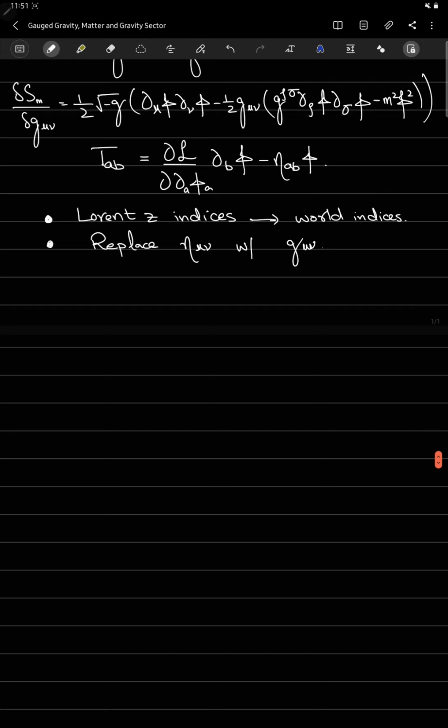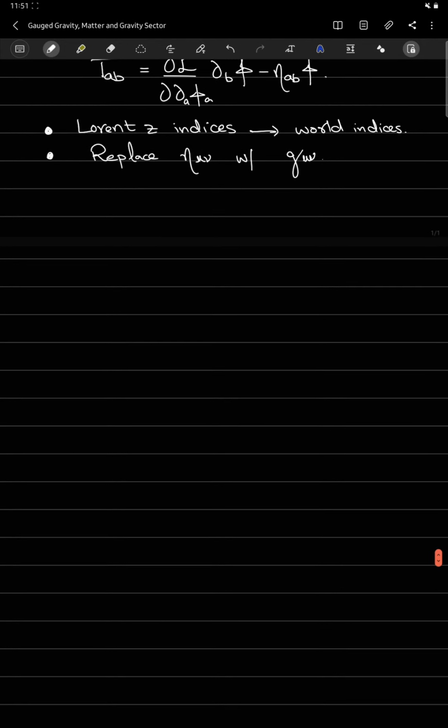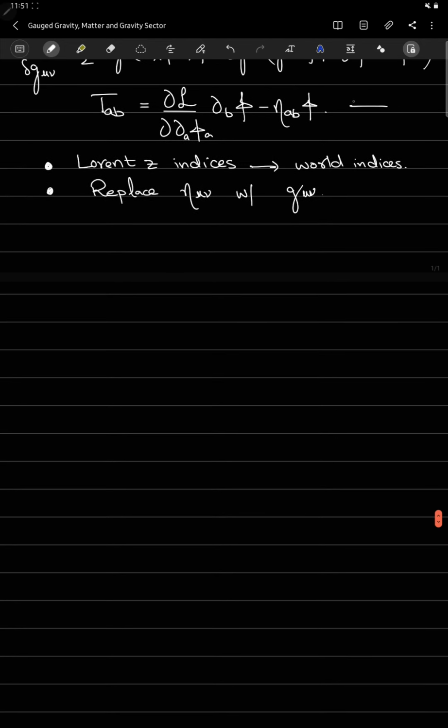With this definition and these two things, I have T mu nu equal to 2 over square root minus G times the variation of the matter action with respect to the field G mu nu.